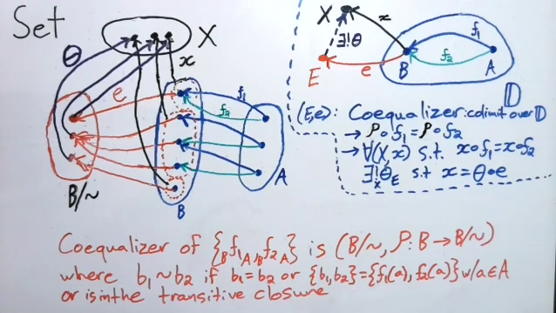And the equivalence relation tilde that defines this is: B1 is equivalent to B2 if B1 equals B2, or (B1, B2) is the same as (F1(A), F2(A)) for some A, or the transitive closure of this relation here.